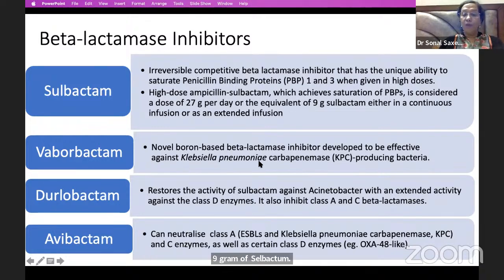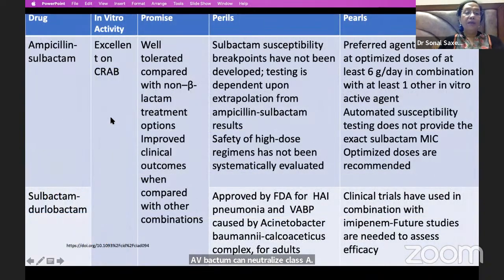Vaborbactam is a boron-based beta-lactamase inhibitor, works very well against KPC. Durlobactam is again a sulbactam partner, which works against Acinetobacter and also against class D and some amount of class A and C. Avibactam can neutralize class A as well as C and some OXA-48. Ampicillin-sulbactam works excellently on Acinetobacter which are carbapenem resistant. Similarly, sulbactam-durlobactam also works.